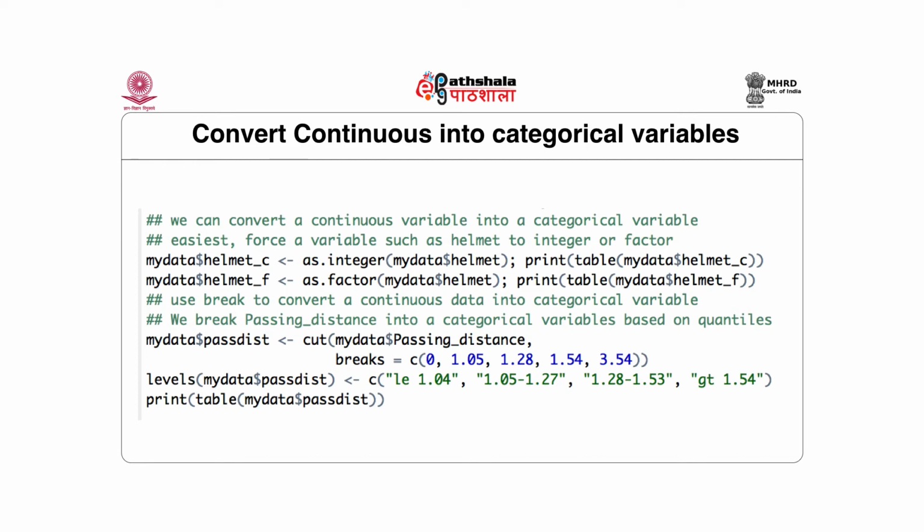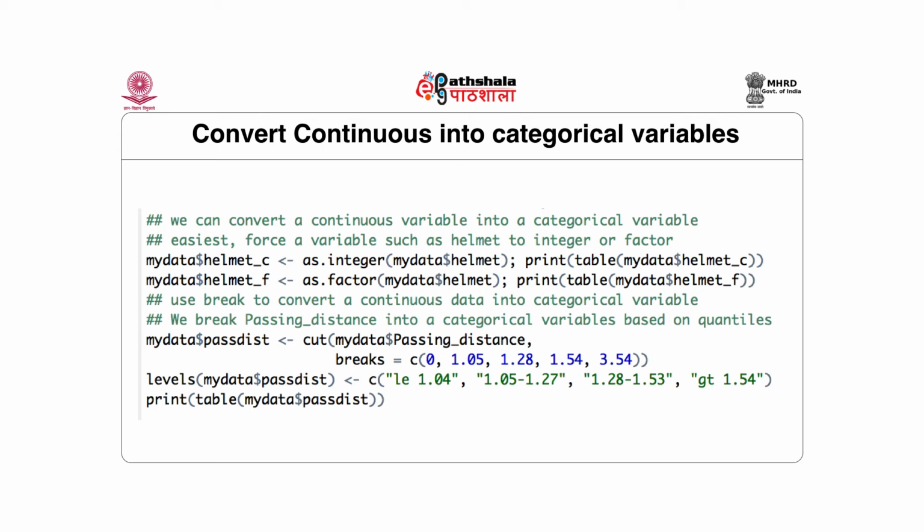For example, we have created helmet underscore f as helmet becoming a factor, and what we have done is that we have taken helmet and then converted that into what is known as a factor. Okay, so we've converted that into a factor level variable. We have forced it.